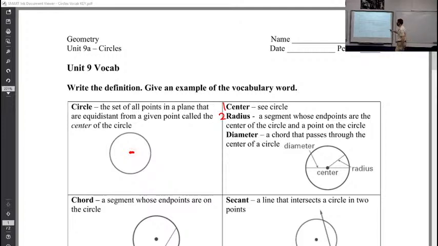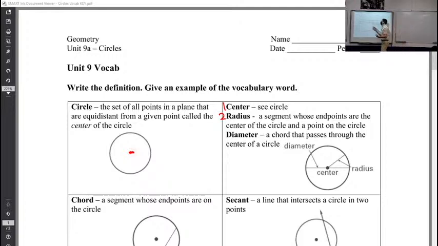And that distance is called a diameter. So it passes through the center of the circle. It goes all the way from one end of the circle out to the other. So it is a segment that goes all the way across the circle, crosses through the center, and is twice the length of the radius. So if you've got the radius, you've also got the diameter.